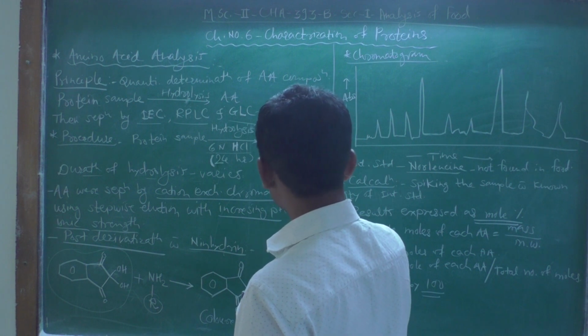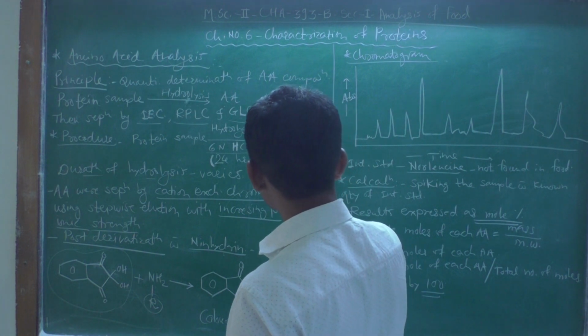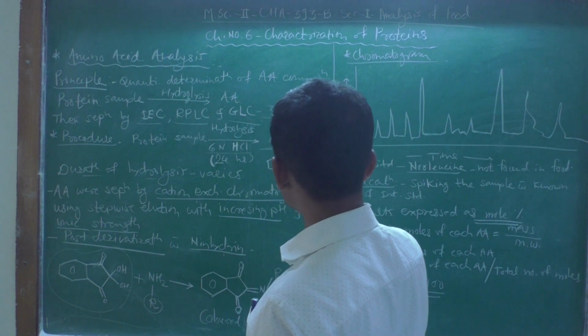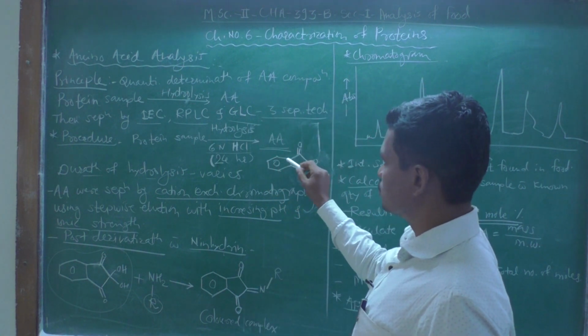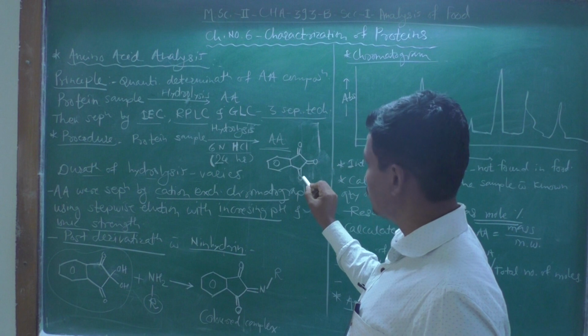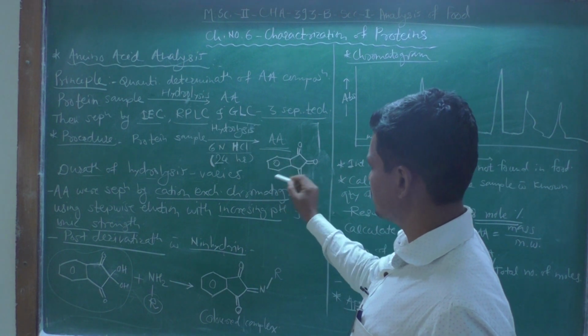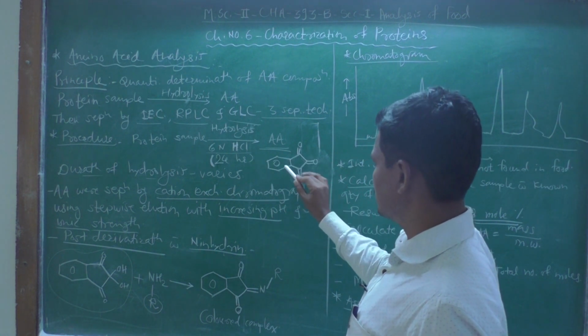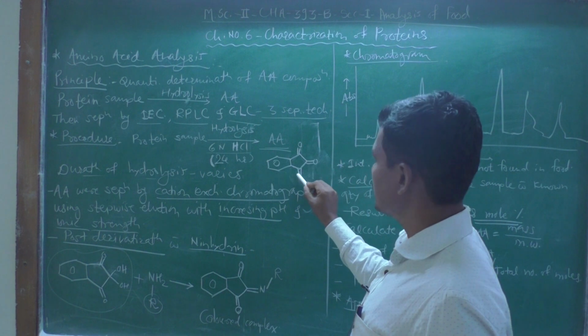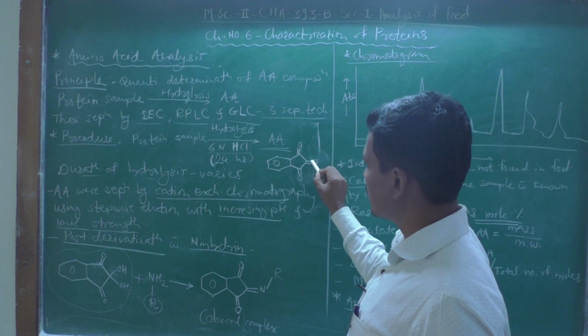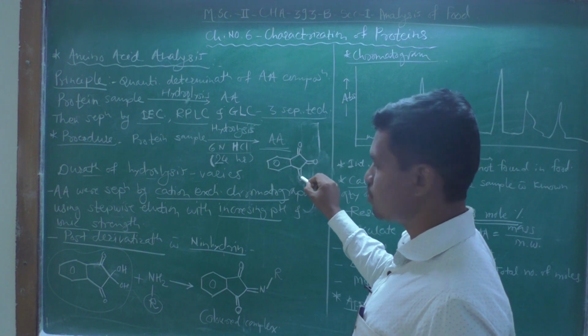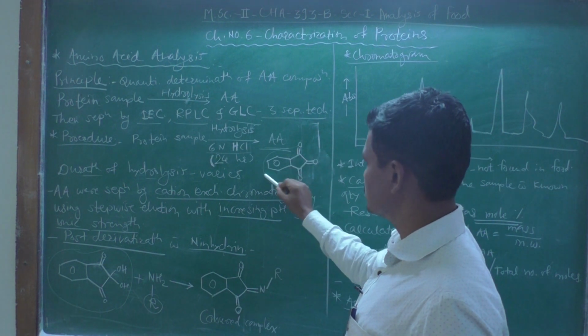It is a trione, so 3 carbonyl groups are present adjacent to one another. An aromatic benzene ring is there, and it is fused with a 5-membered ring. There are 3 carbonyl groups, CO, CO, CO, in this compound.